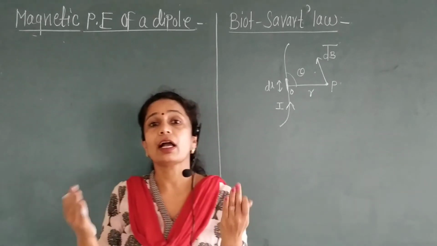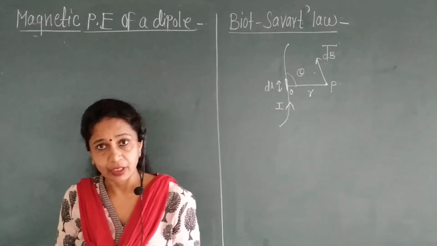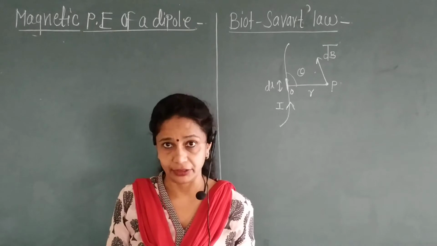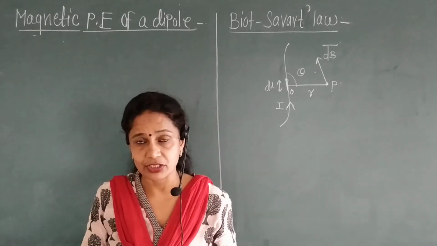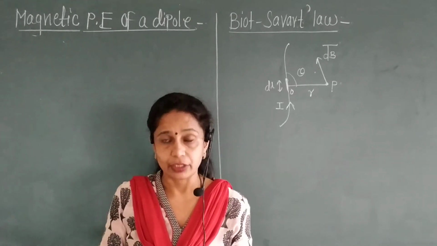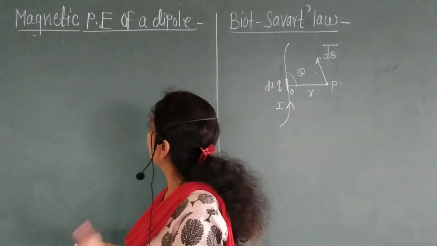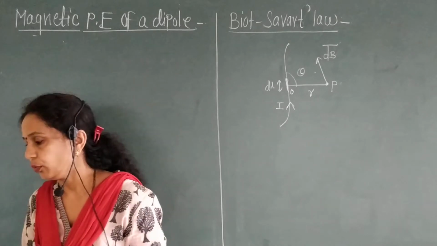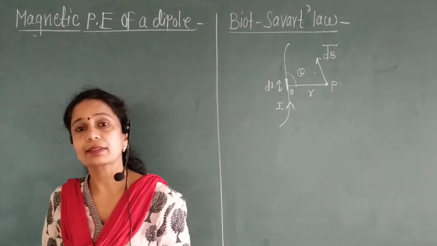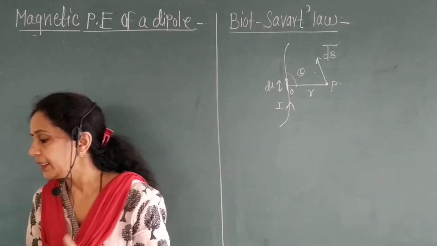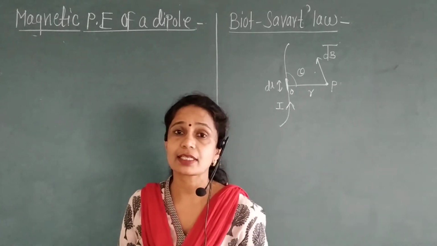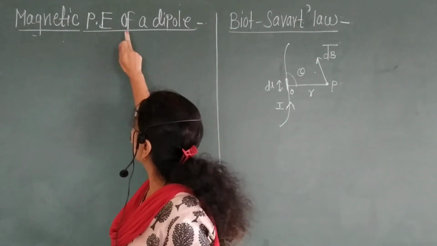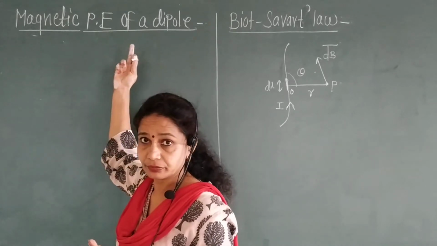These two equal and opposite poles exist, and we cannot separate them. We can't distinguish them. Therefore, it is called a dipole. Therefore, magnetic potential energy of a dipole.